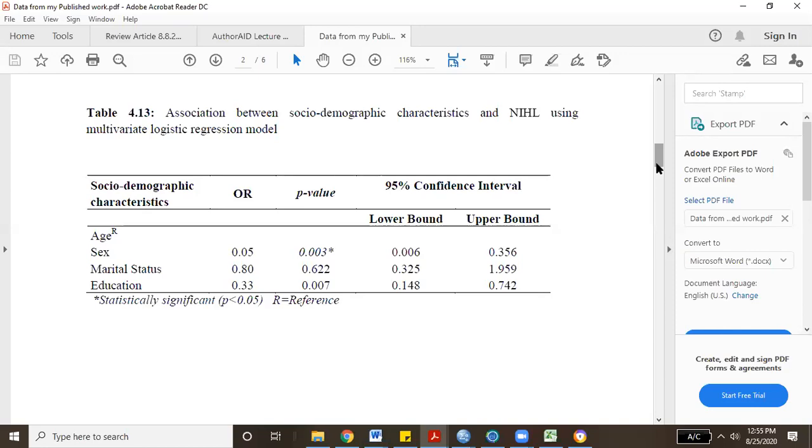Marital status was not significant, education was not significant, meaning that they are confounders. They are not truly being significant. Another good example I can give is men that smoke.